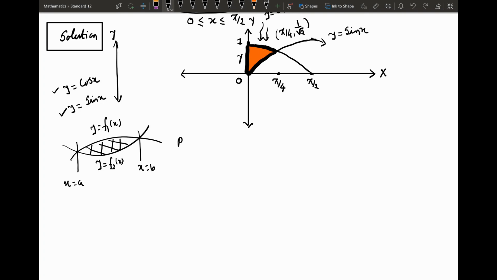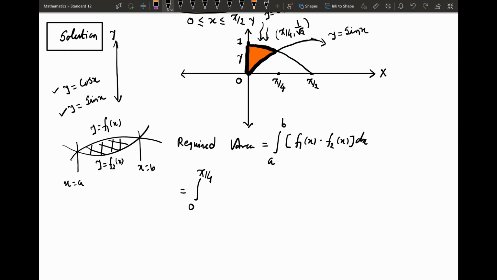So required area, according to formula, integral a to b of f1x minus f2x dx. A to b limit will be 0 to pi by 4.